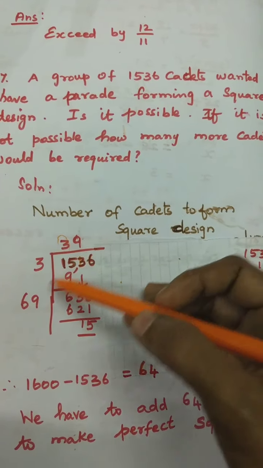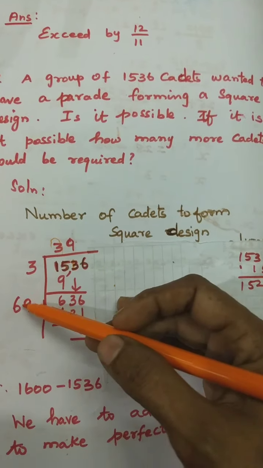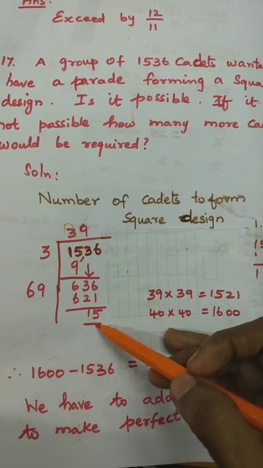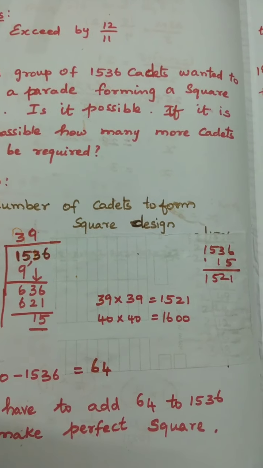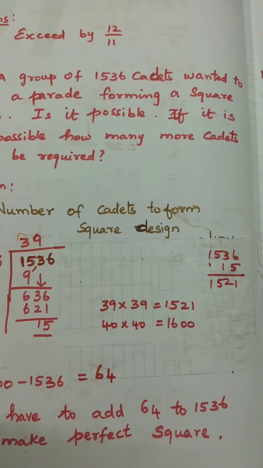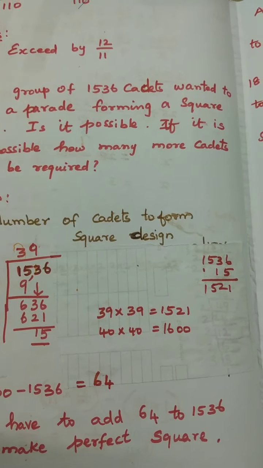Here 9 nines are 621. 9 nines are 621. So remaining 15. So you subtract 15 from 1536, which is equal to 1521. So 1521 members can form a square design. But some more, 15 members remain. So how many more cadets are needed to form a square design?